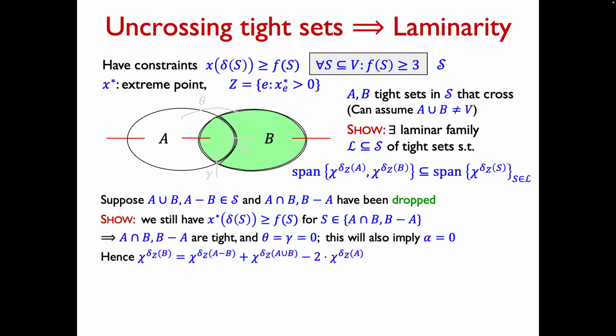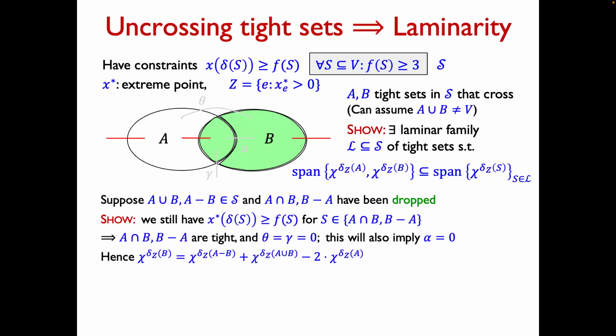If I show this, then I can take my laminar family to be A minus B and A union B. All of those are in my collection, and I'm good. Right, good. Everyone happy with the plan?